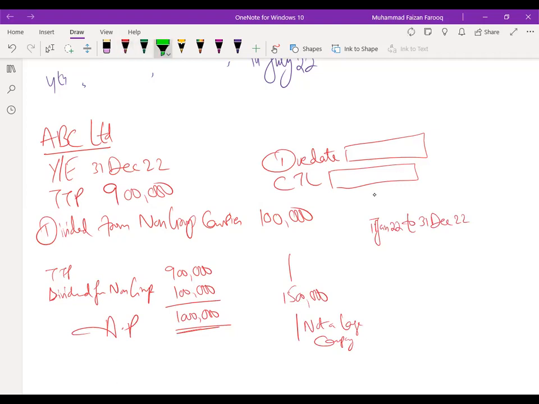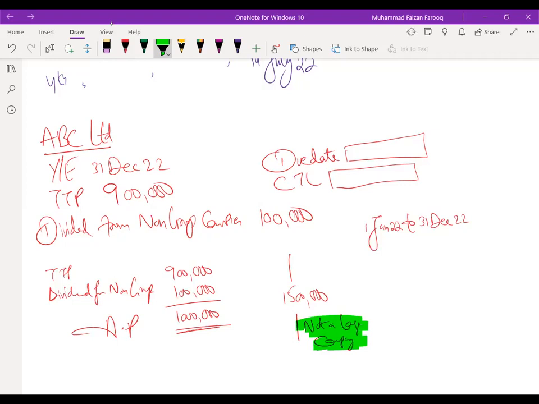The due date will be in installments or one shot payment? No, no. This company, ABC, in this question, is going to pay tax in installment system or one time payment? One time payment.